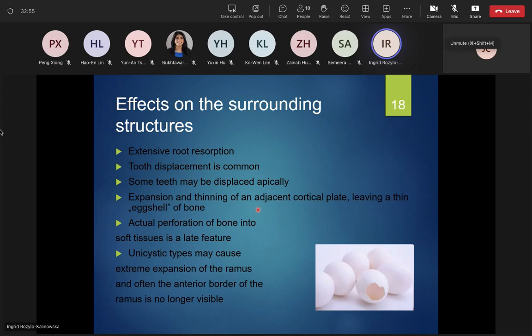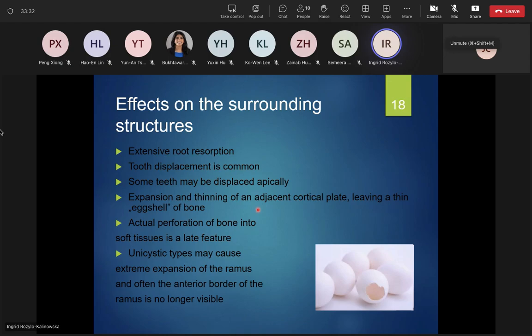Some teeth can be displaced in the apical direction, and this expansion and thinning of the adjacent cortical plate leaves the bone like, let's say, an eggshell. So it's very thin, it's very narrow, and the actual perforation of this bone into soft tissues is really a late feature of ameloblastoma.